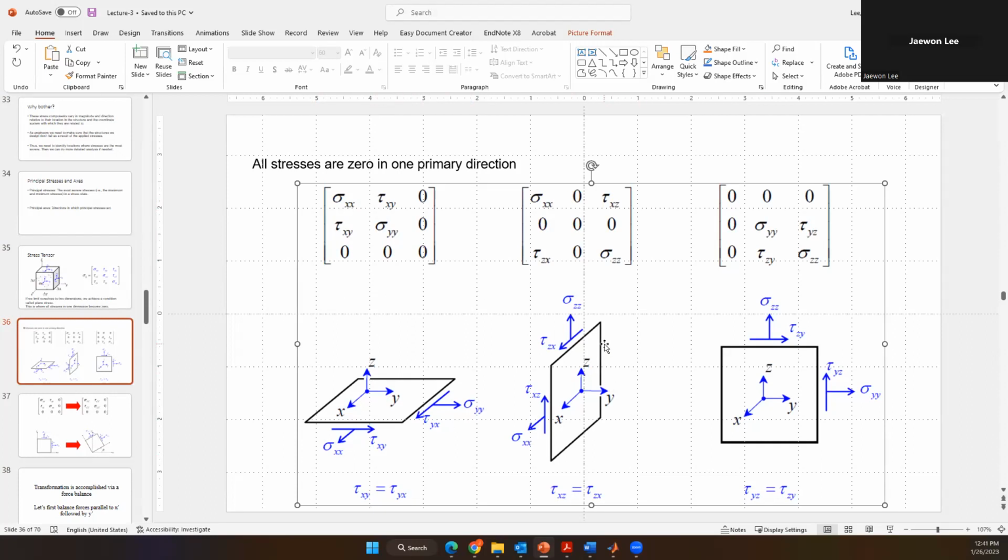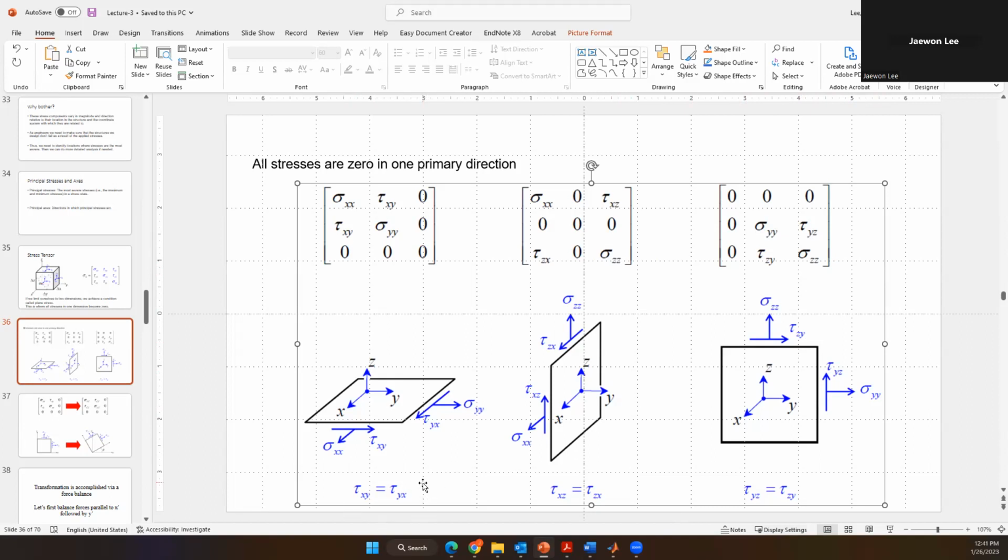If we consider the z plane, the matrix could be explained by sigma xx, tau xz, tau zx, and sigma zz. And if we focus on the yz plane, sigma yy, tau yz, tau zy, and sigma zz.